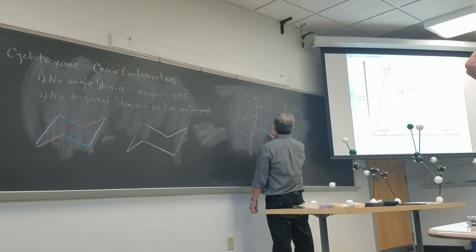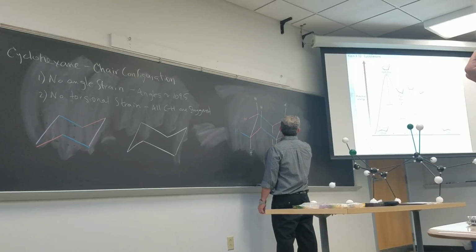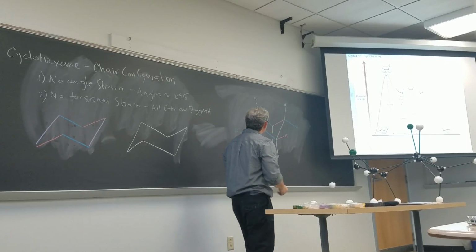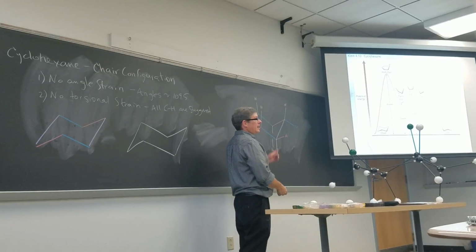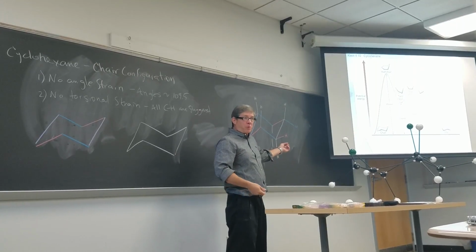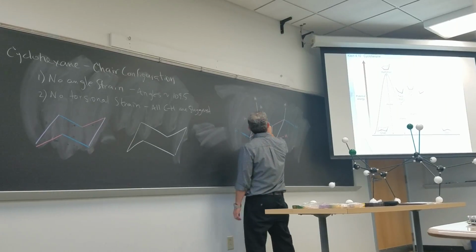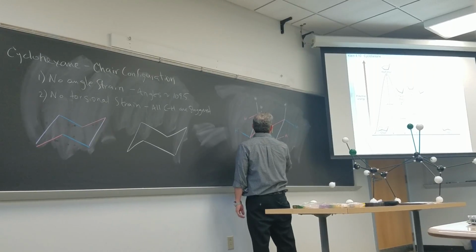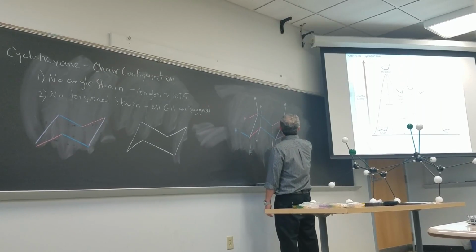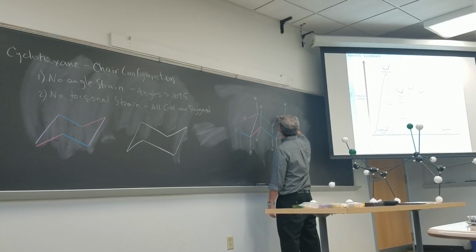Same thing for this one. 1, 2 bonds away, it's going to be parallel to the pink one. Right? I have 2 carbons left, and guess what they're going to be parallel with? Purple one, right? So I'm attached to this carbon, it should be parallel to 1, 2 bonds away, so it should be parallel to that purple bond. And then on this one, it's parallel to the purple bond right there.